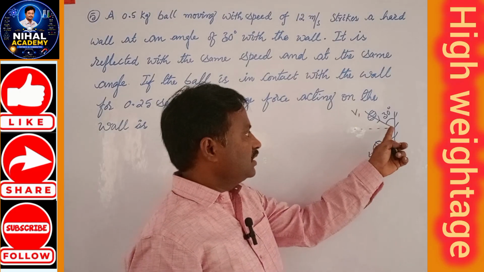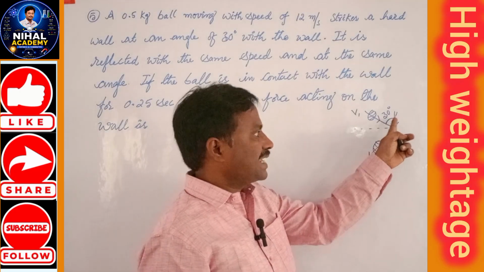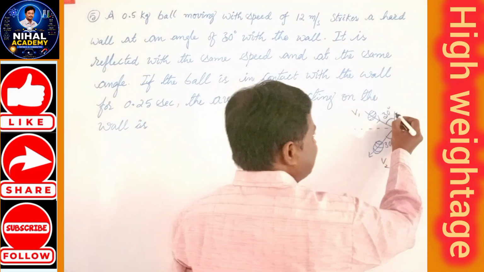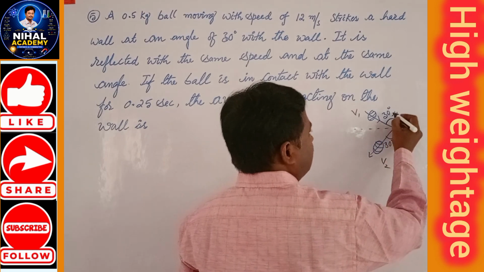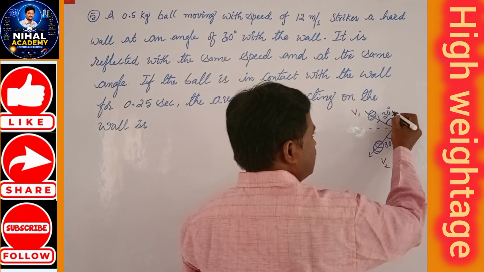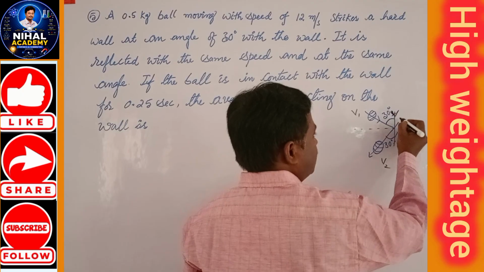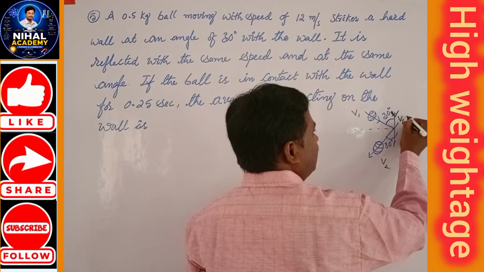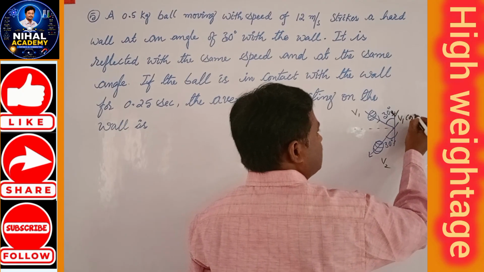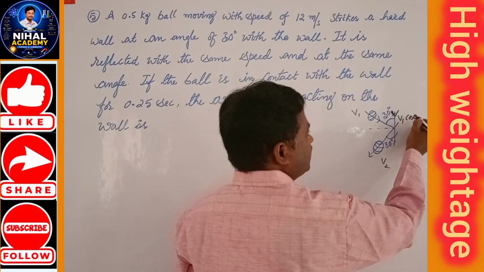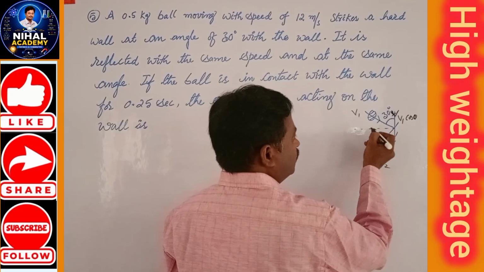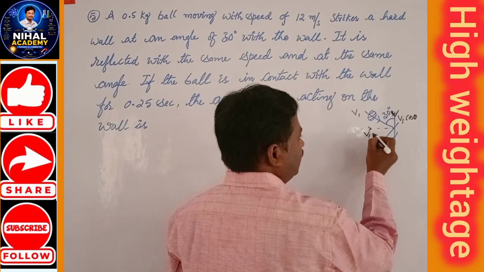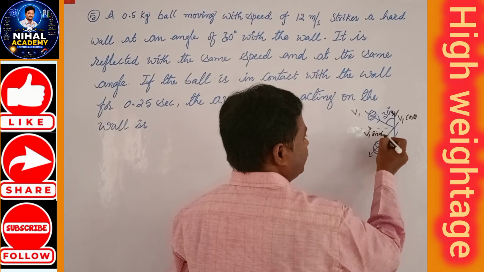We have to divide this velocity into components because it makes an angle. In this direction, that is with the wall, it is towards the wall, so we take the component towards the wall. This is v1 cos theta, the horizontal component, and this vertical component is also towards the wall, so we take v1 sin theta.